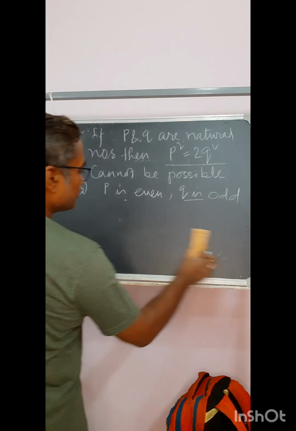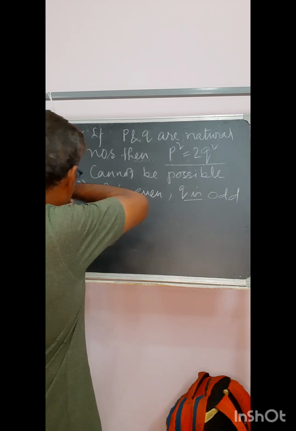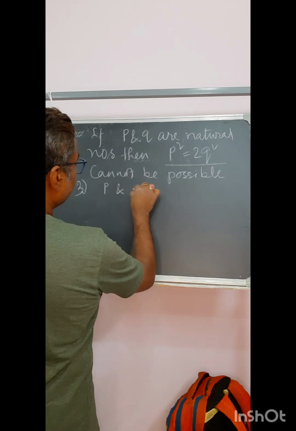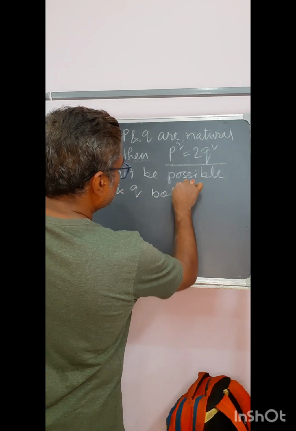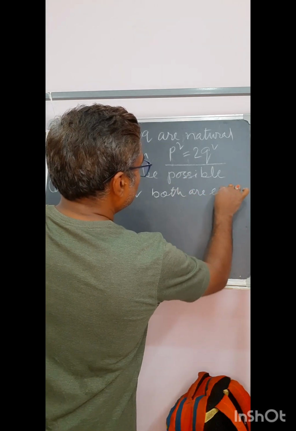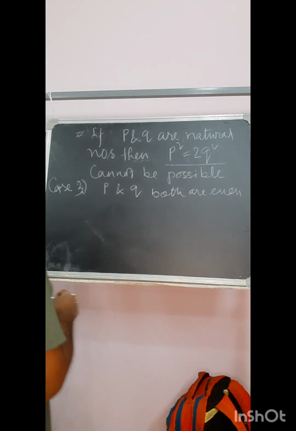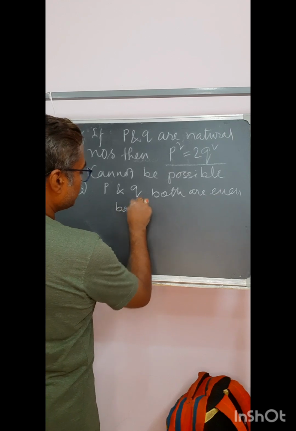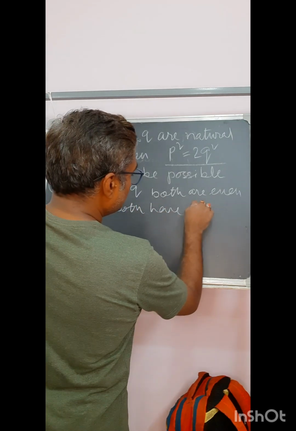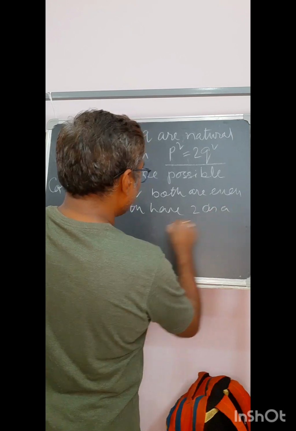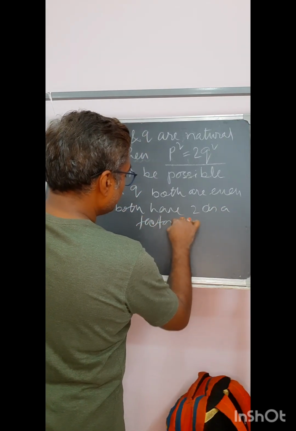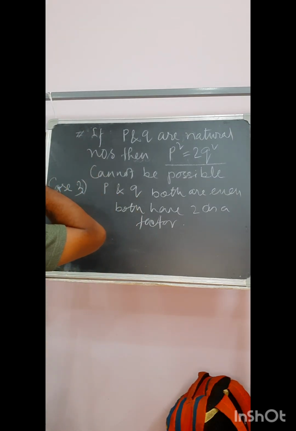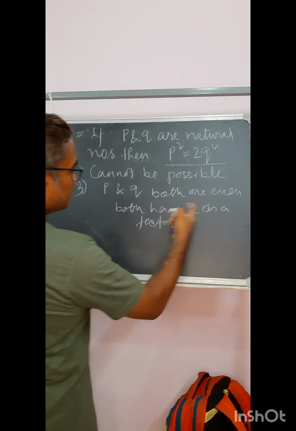Now come to the fourth condition, where P and Q both are even. If both are even, both definitely have 2 as a factor, and there is a chance of a common factor other than 2.